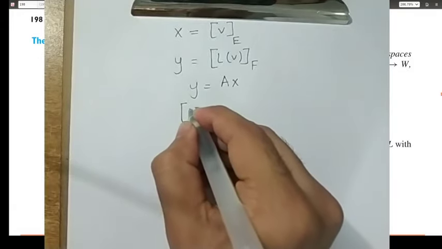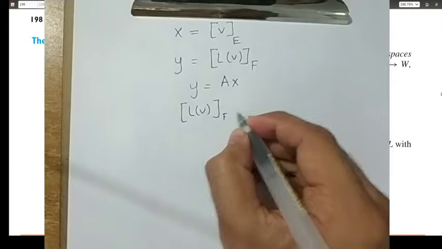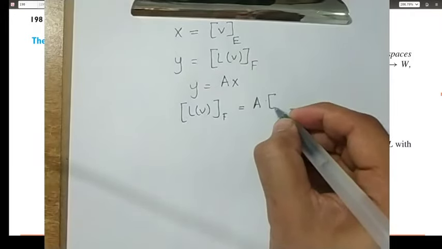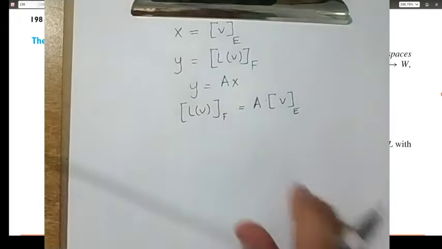That is, the coordinates of L(v) in the F basis are given by multiplying A to the coordinates of the vector v in the E basis.